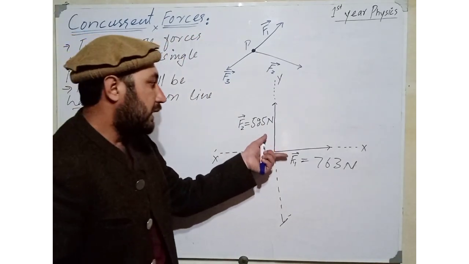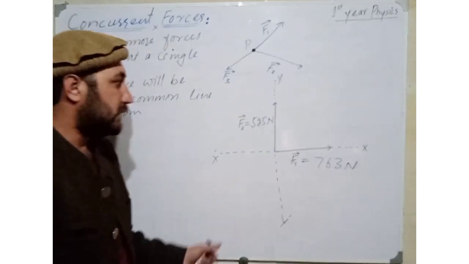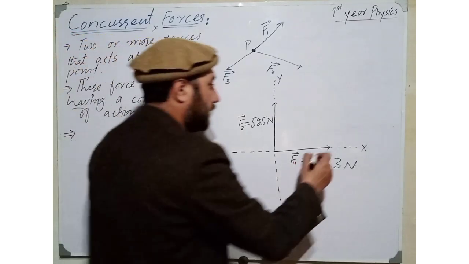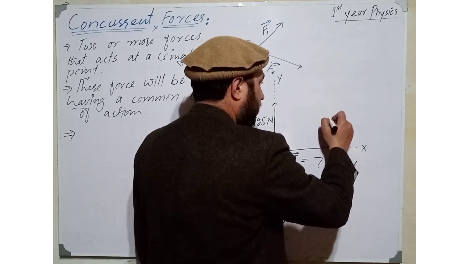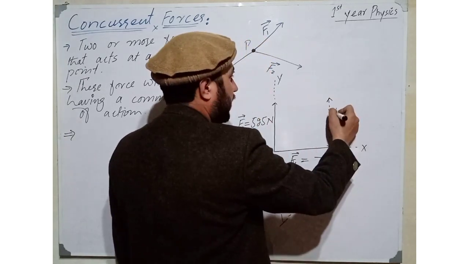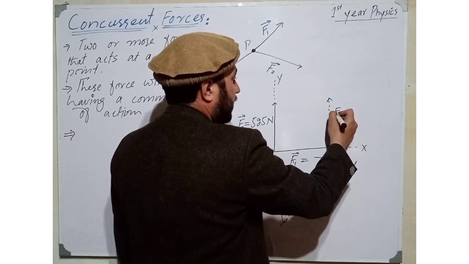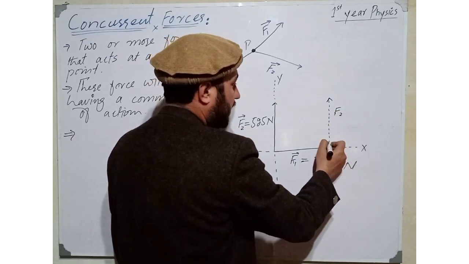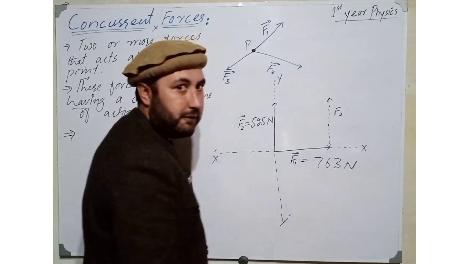Now we can find the resultant of such two forces by following the head to tail rule. So let's say this is F2. I am going to place F2 in such a way that its tail is on the head of F1.